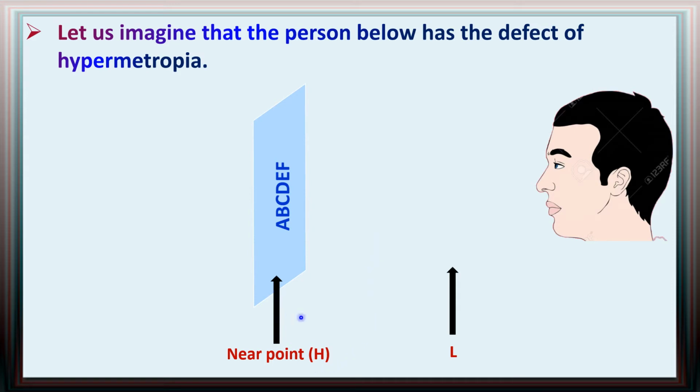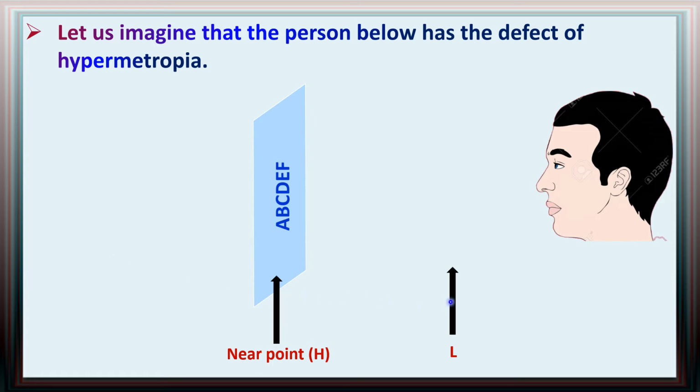So if an object is placed between H and L, from L to H, he cannot see the things clearly, isn't it? When it is placed from H up to infinity, he can see the things clearly.